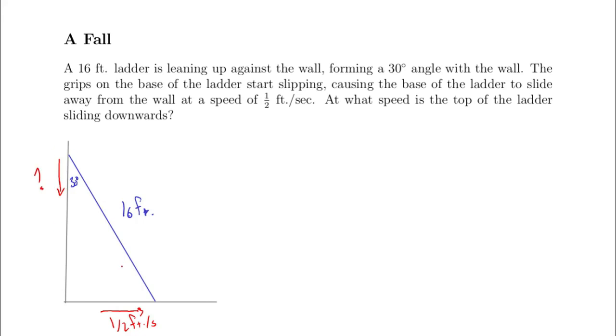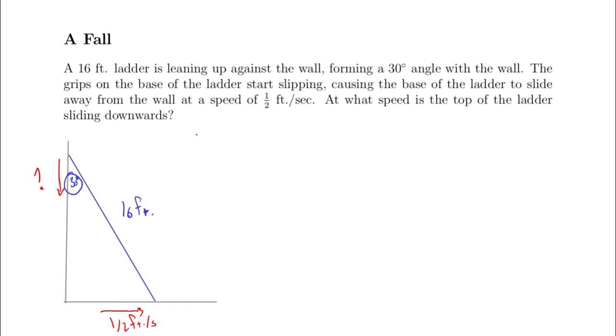If our ladder is a fixed length, and it slides away from the wall, it's also going to slide downwards. We might want to know some of these other side lengths, and luckily we have an angle here. We know that 30 degrees is the angle on top, and as long as we know that, we are good to go.